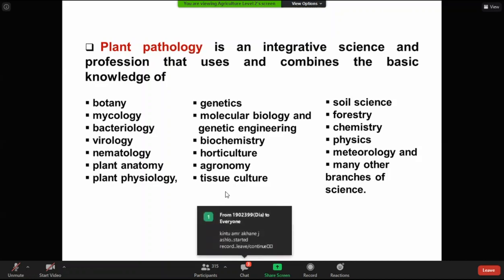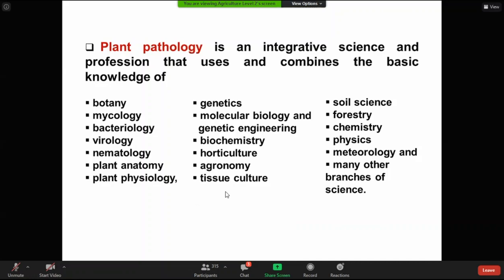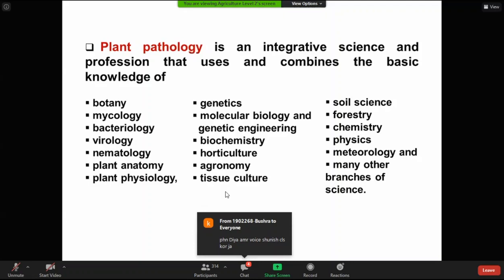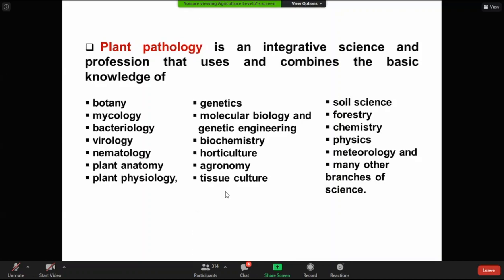You should have a very good idea of fungi, the study of fungi called mycology, and a clear understanding of bacteria, that means bacteriology, virus, virology, nematodes, nematology. Also, because after infection the pathogen can modulate or change the physiology of the plant, you should have a clear understanding of plant physiology. Genetics also, because if you want to develop a disease-resistant variety, you should have a very clear understanding of the methodology of plant breeding or genetics.